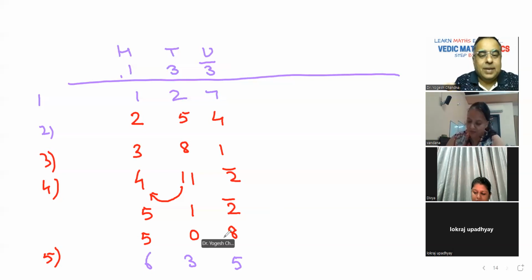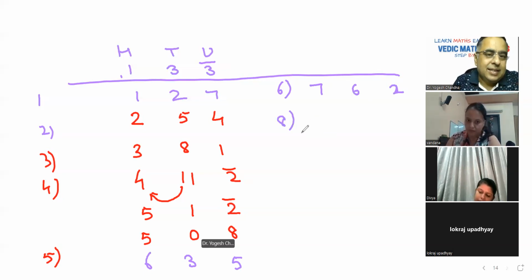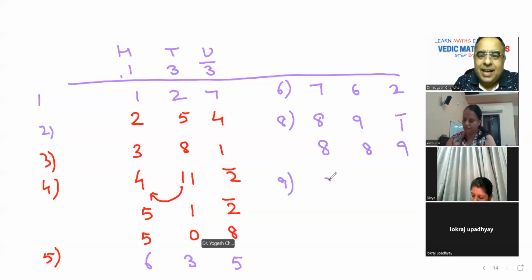3012, then 292. 7, 6, and 2. Then 8, 9, 1 bar. 890 minus 1 is 8, 8, 9, 2 9, 9, 11, 2 6.